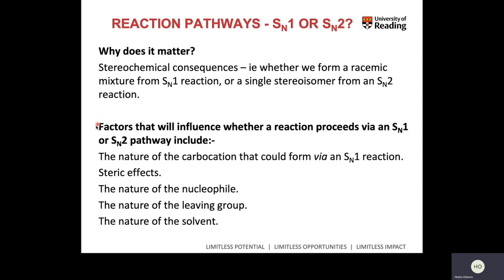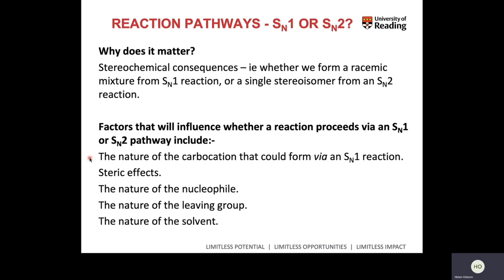So the next thing we're going to look at are the factors that will influence whether the reaction proceeds via the SN1 or the SN2 pathway. This very much centres on the mechanisms that we've looked at, the order in which the bonds break and form. And we're going to see in the next few slides that there are a few things that will influence whether the reaction occurs via the SN1 or the SN2 pathway.